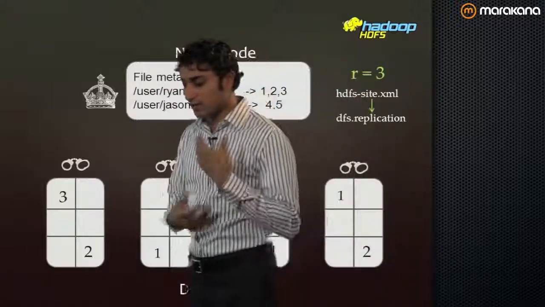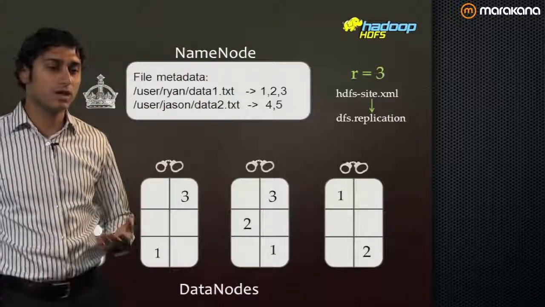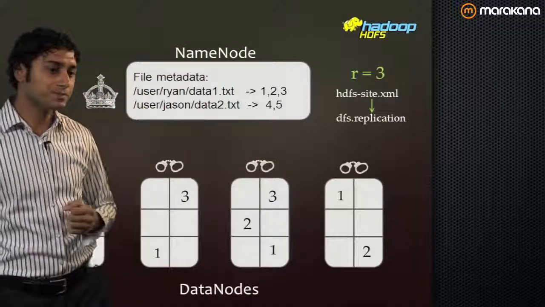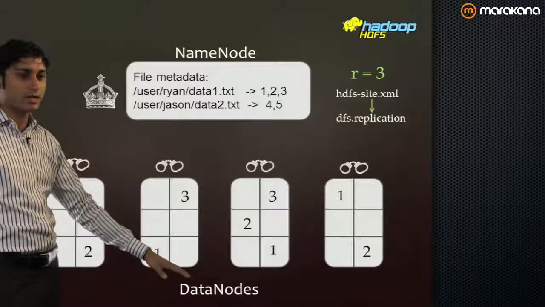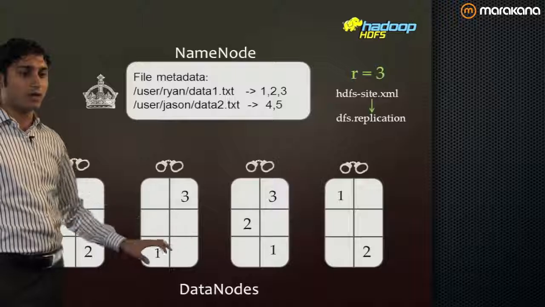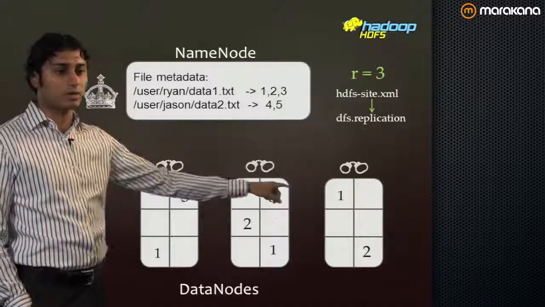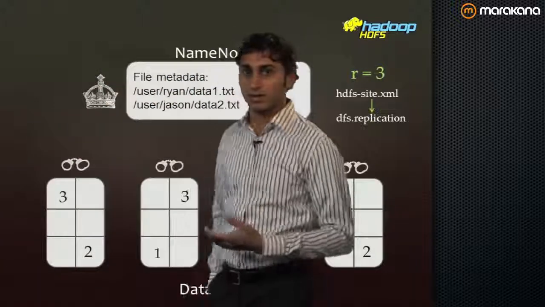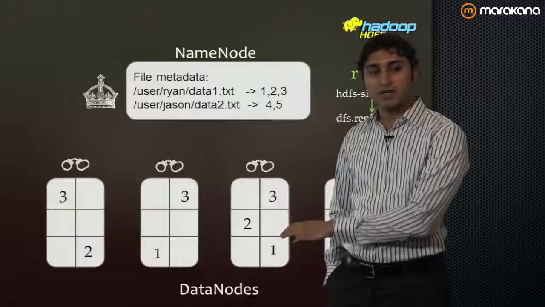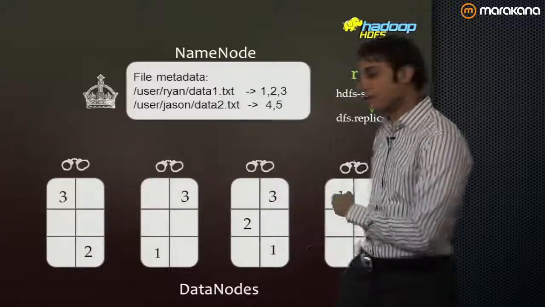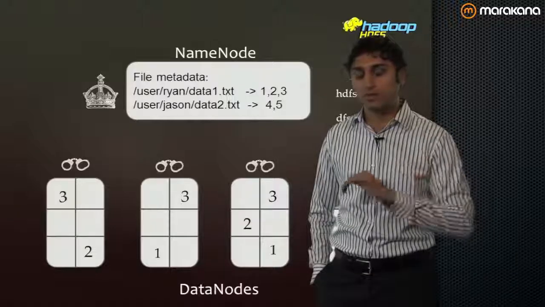So this leads to HDFS being a highly available file system, and it's also self-healing. It's highly available because if the second data node here crashes with a copy of block 1 and block 3, that's fine because you have 2 other copies of those blocks in the cluster. And this is also a self-healing file system because if one of these data nodes goes down, then the heartbeat from that data node to the name node will cease to heartbeat.